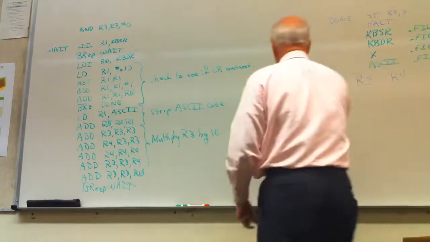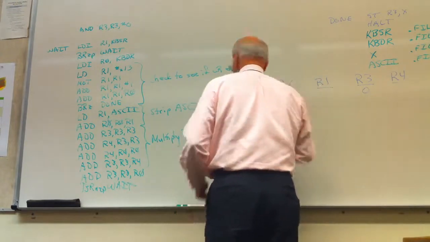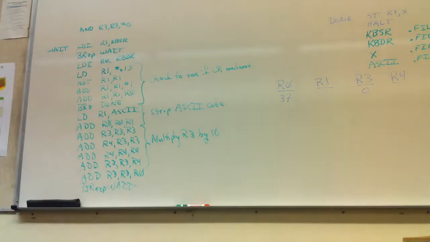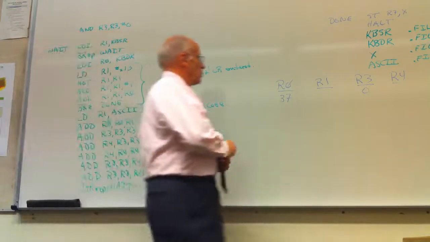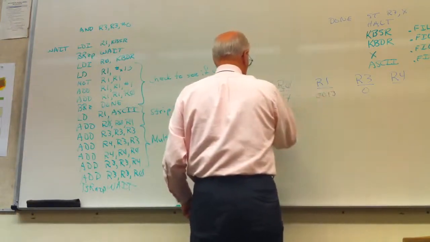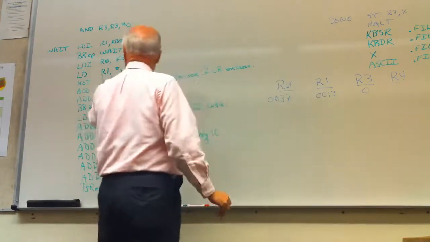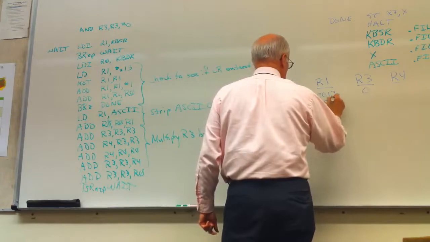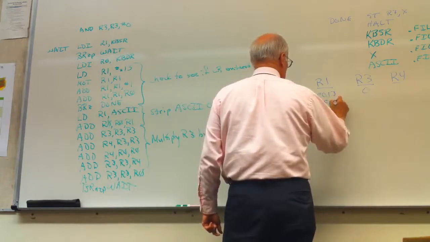So in hex, that's a 37. You can check the ASCII table at the back of the book. That's what we get out of it. I load register 1 with a 0013. We do a not on that, which gives us an FFED.